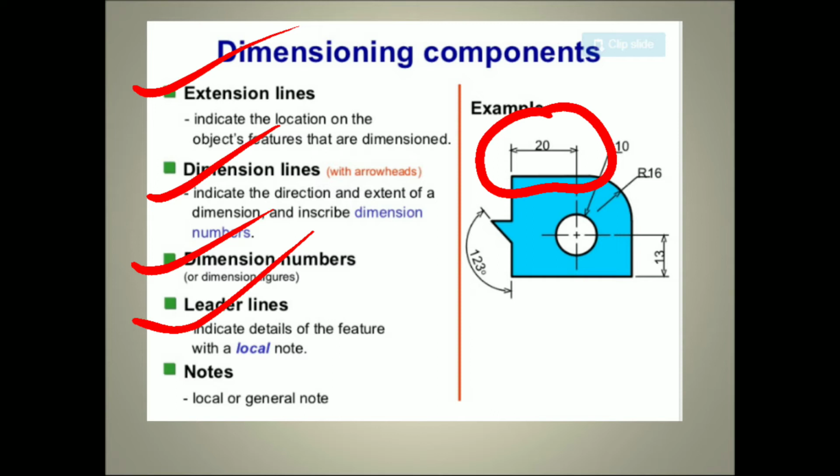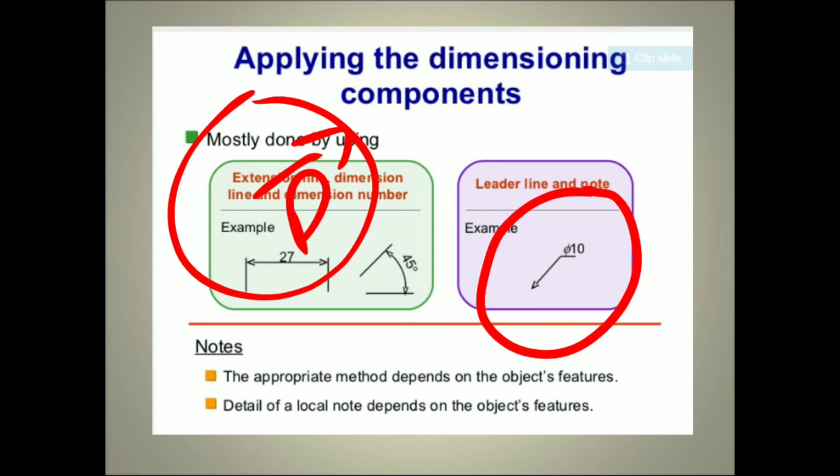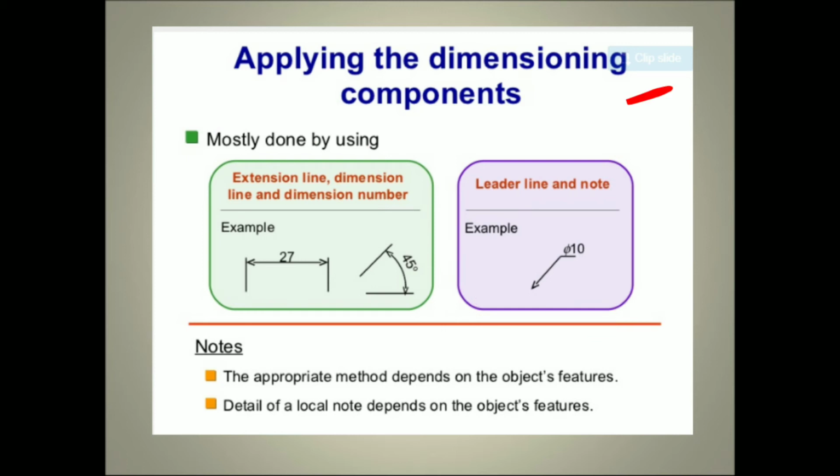Similarly, a dimension number is a 20 or 30 or 40. And a leader line is used to measure the circle radius or diameter. The leader line basically looks like this. This is called a leader line.